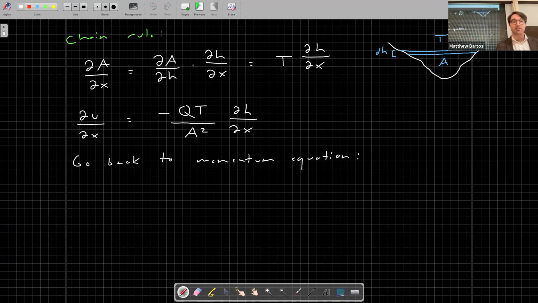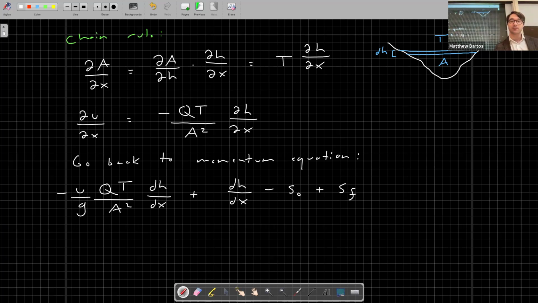And what we'll end up with is negative u over g times q, the discharge, times the top width, divided by A squared, times dH/dx, the slope of the water surface, plus dH/dx, the slope of the water surface, minus the bottom slope, plus the friction slope, is equal to 0.